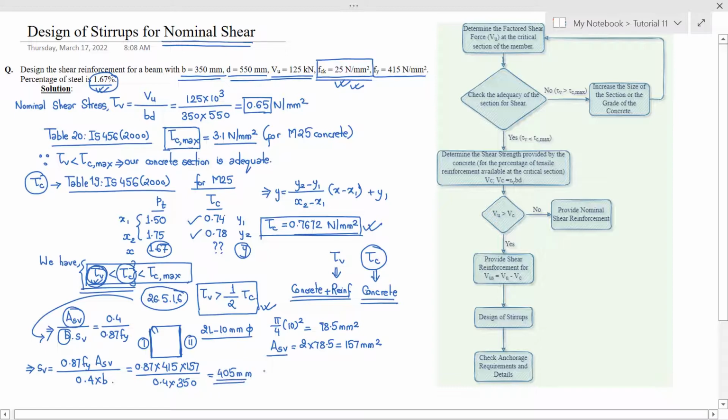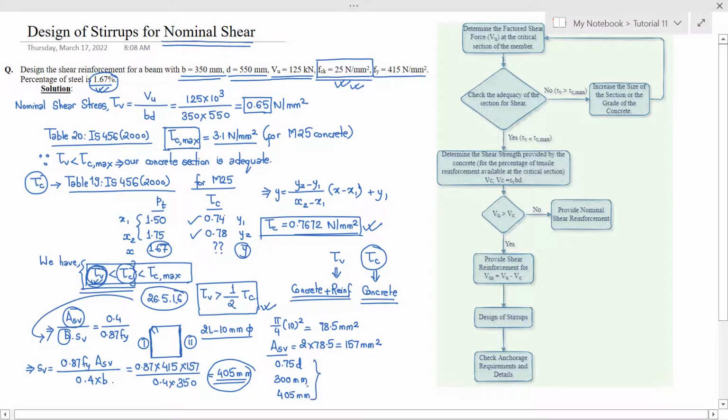Now let us check for this spacing. We know that when we are using vertical stirrups, the spacing of the stirrups should be lesser than the lesser of these two values, 0.75 D and 300 mm. Now we have another thing to compare also here, the value of SV that we got from the formula, that is 405 mm.